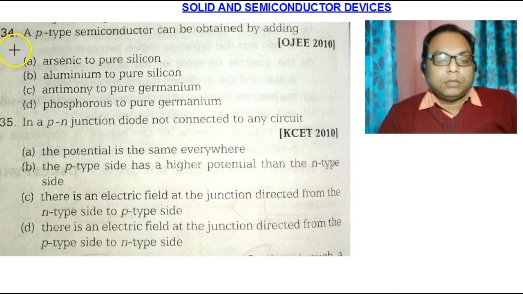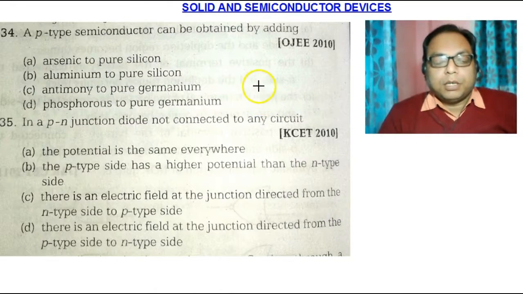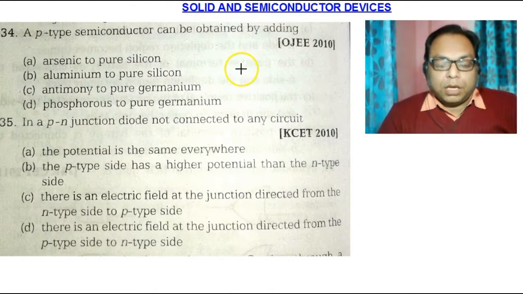Let's see question number 34. A p-type semiconductor can be obtained by adding: arsenic to pure silicon, aluminum to pure silicon, antimony to pure germanium, phosphorus to pure germanium. To obtain a p-type semiconductor, it must be doped with a trivalent substrate.